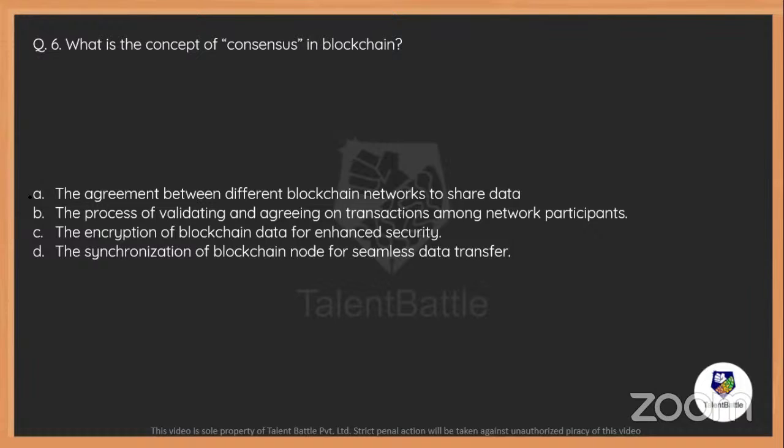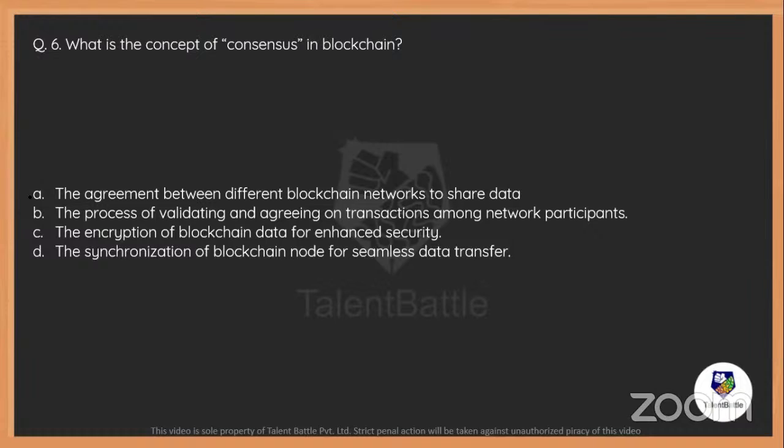If we apply this information to the provided options, you will see the second option, the process of validating and agreeing on transactions among the network participants, is the best match for the question. The other options are about sharing of data on the network, encryption of the data, and synchronization of nodes for seamless data transfer.